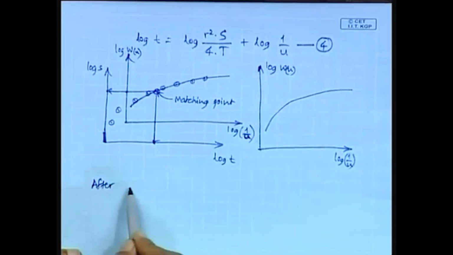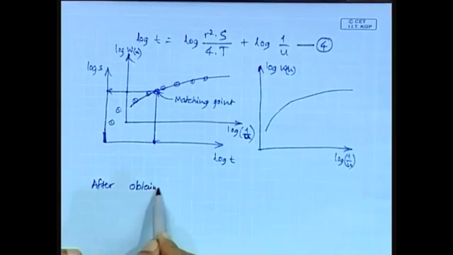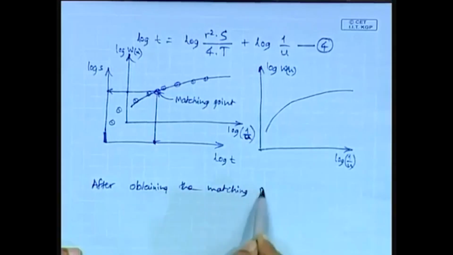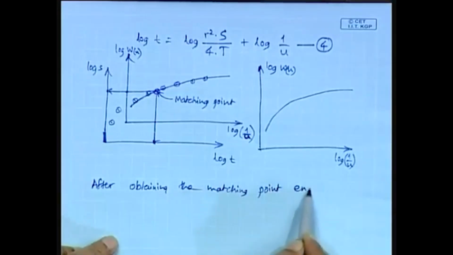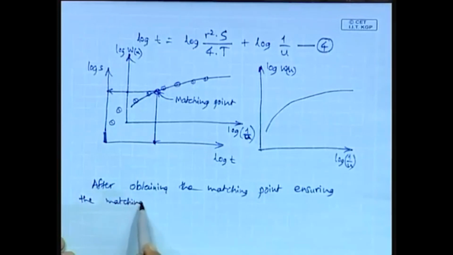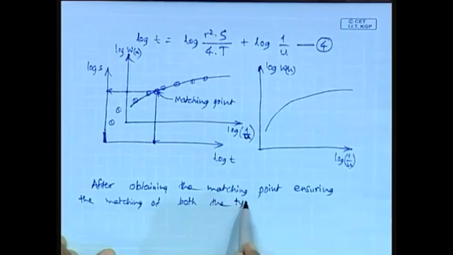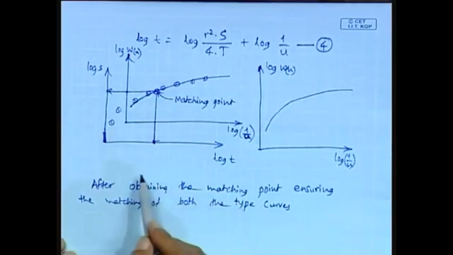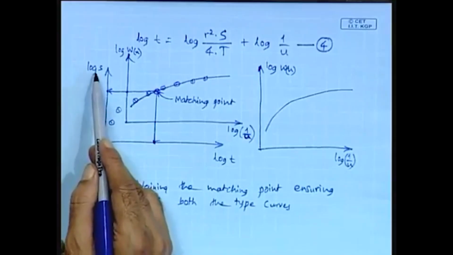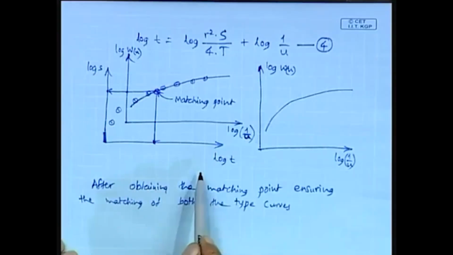So, after obtaining the matching point, ensuring the matching of both the type curves. This is type curve 1, which is basically the plot of drawdown versus time on a log scale.